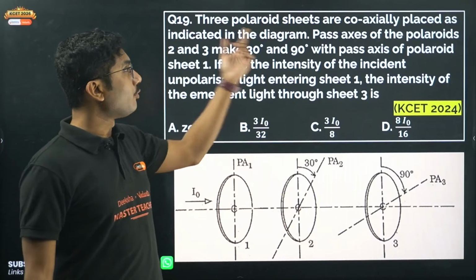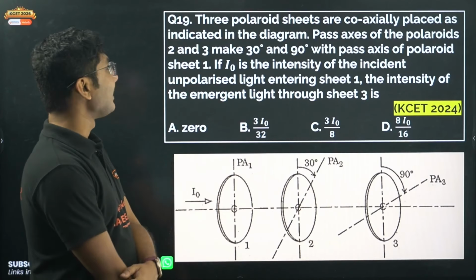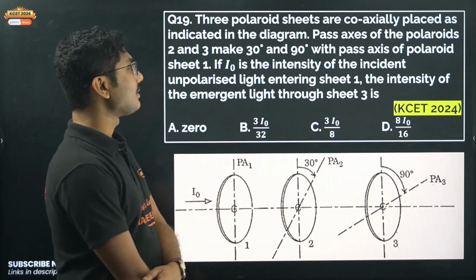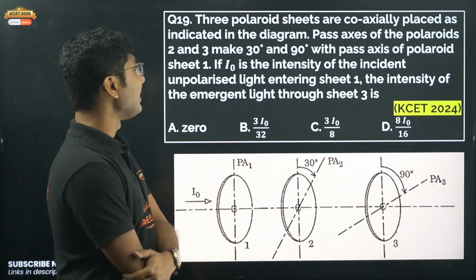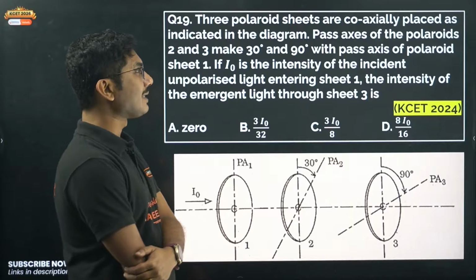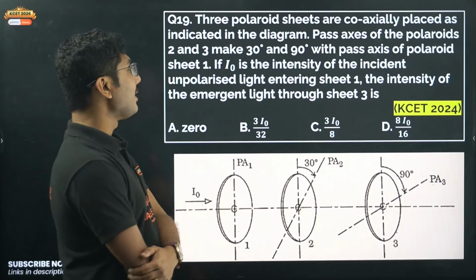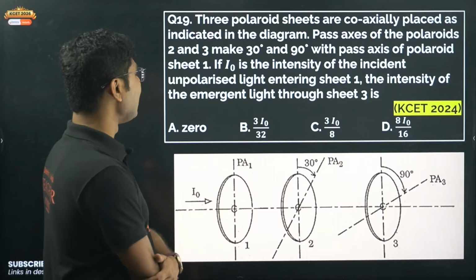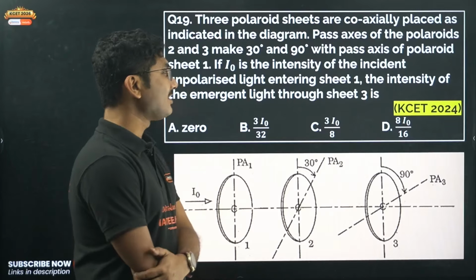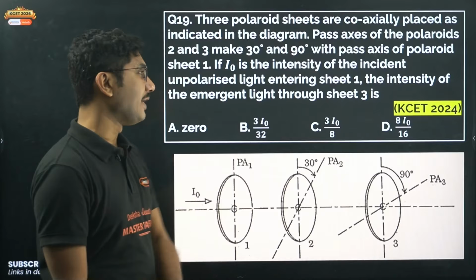Okay, 3 Polaroid sheets are coaxially placed as indicated in the diagram. Pass axis of the Polaroids 2 and 3 make 30 degrees and 90 degrees with the pass axis of Polaroid sheet 1. If I naught is the intensity of the incident unpolarized light entering the sheet 1, the intensity of the emergent light through sheet 3 is.